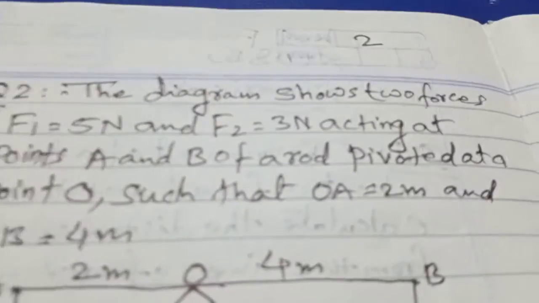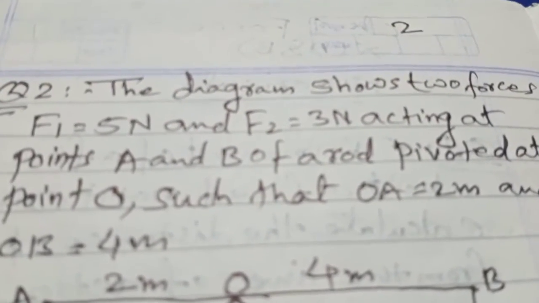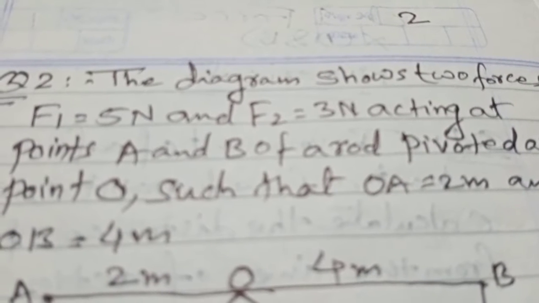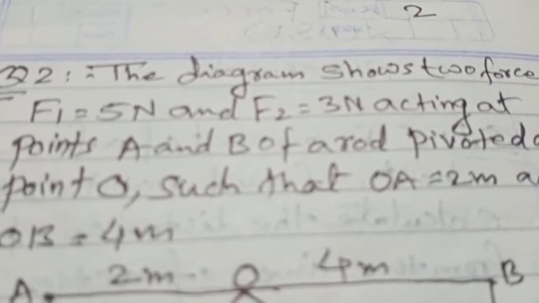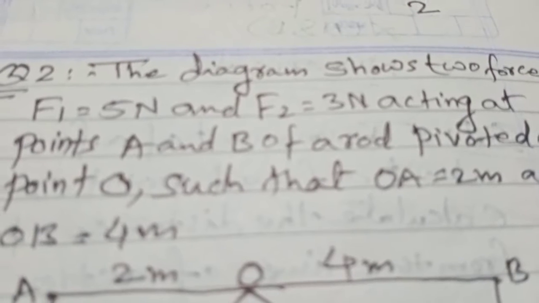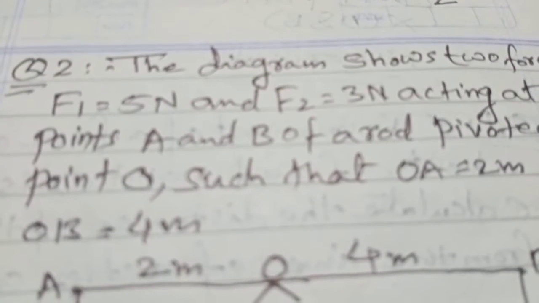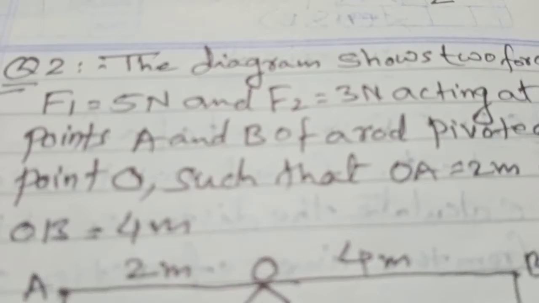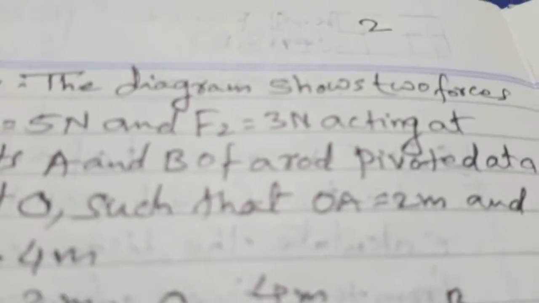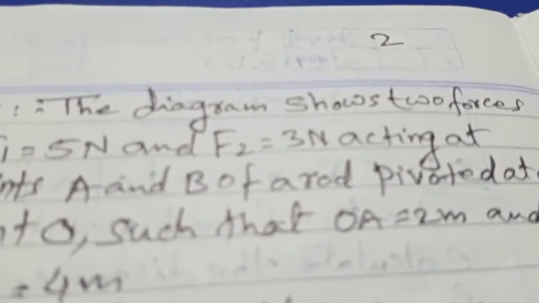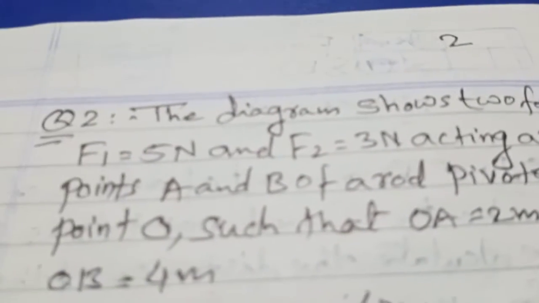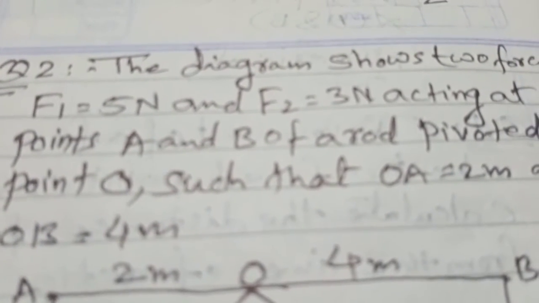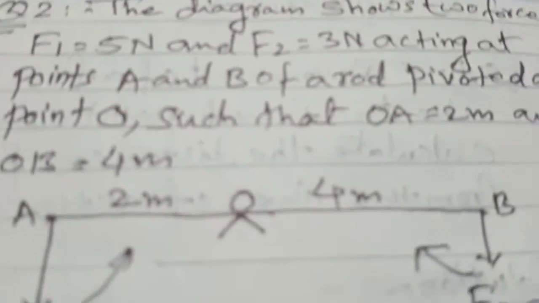Second numerical for this chapter, the diagram. A diagram is given. Two forces, F1 equal to 5 Newton and F2 equal to 3 Newton, act at points A and B of a rod pivoted, meaning the moving point, at a point O such that OA is equal to 2 meter and OB is equal to 4 meters.